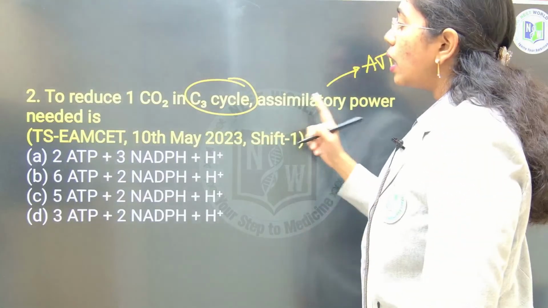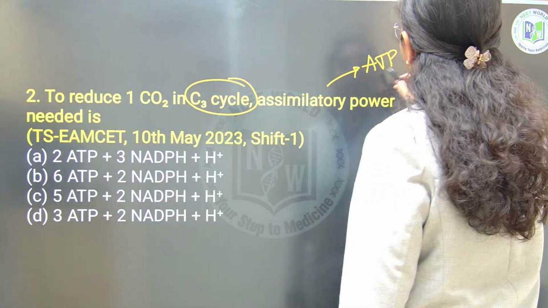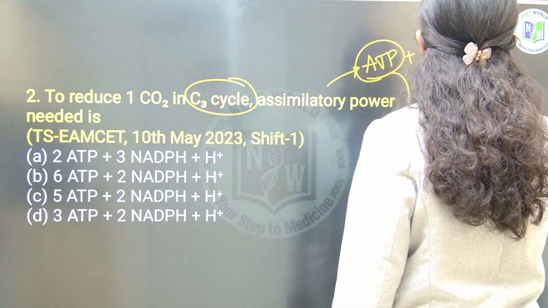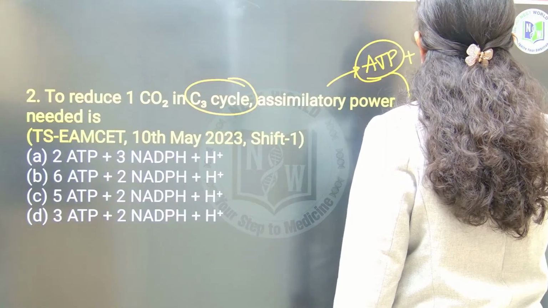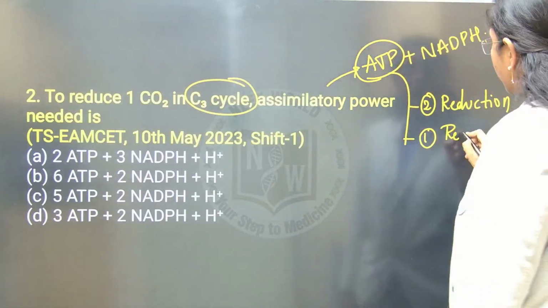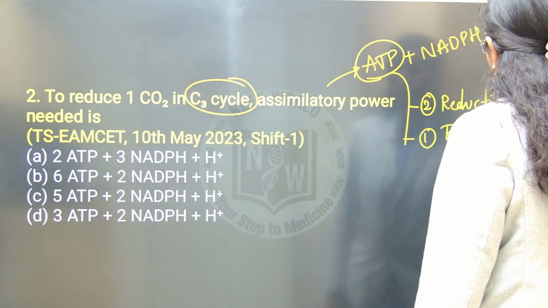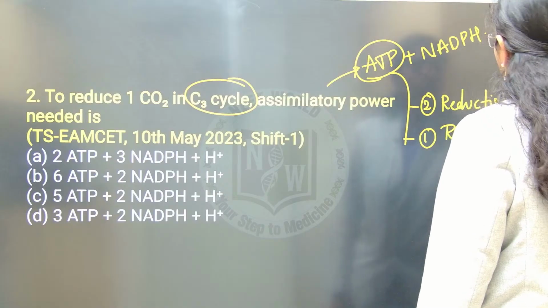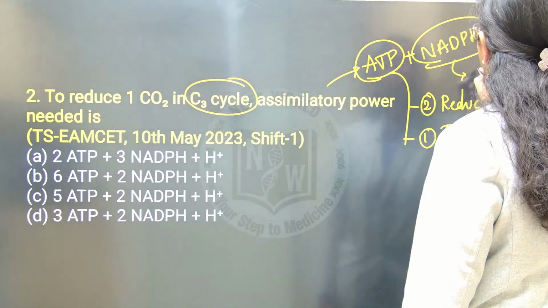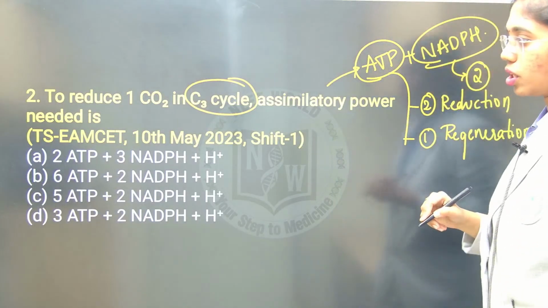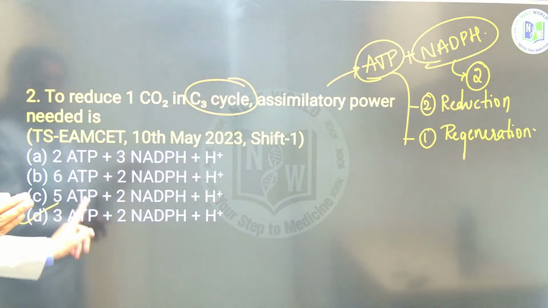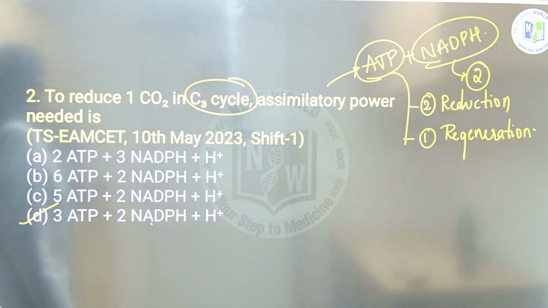This requires 3 ATP: 2 ATP in the reduction process, and 1 ATP is required for regenerating RuBP. And how many NADPH are required? 2 NADPH are required for the process of reduction. So here, 3 ATP and 2 NADPH. Clear with the answer?